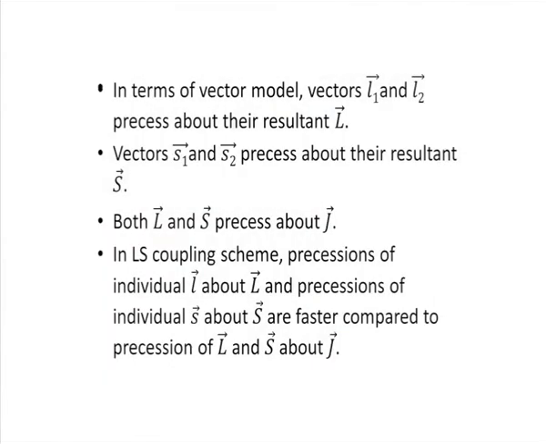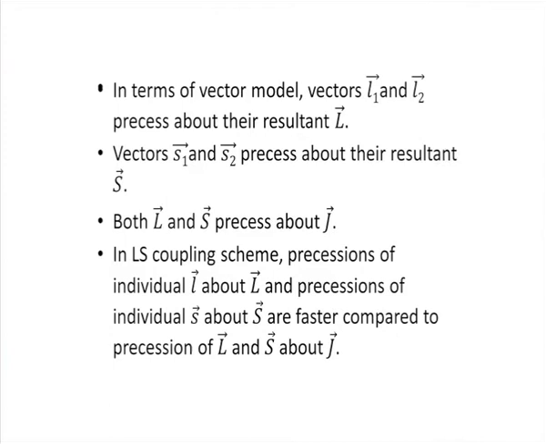In terms of vector model, vectors L1 and L2 precess about their resultant L. Vectors S1 and S2 precess about their resultant S vector. Both L and S precess about J vector.